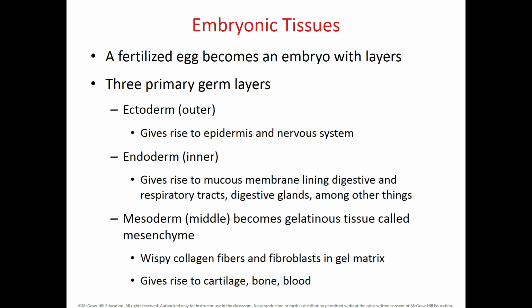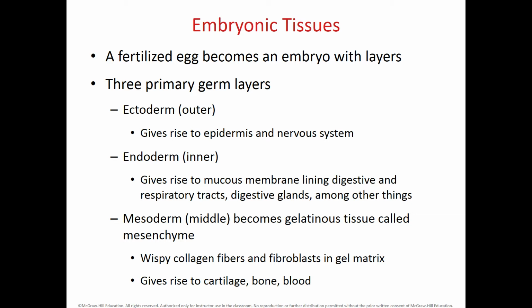The middle layer is known as the mesoderm, and this is going to become a gelatinous substance that we call mesenchyme. Now, the mesoderm is going to give rise to cartilage, bone, and blood. Now, the innermost layer of these embryonic tissues is going to be the endoderm.